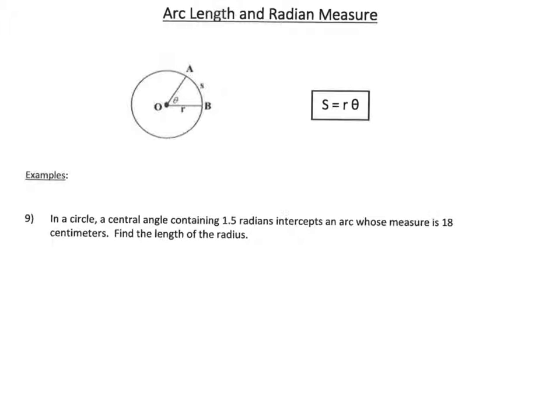Okay, so let me just label what's what in this formula. So S, we could see, is the length of the arc. So S would be the arc length. Okay. R would be the radius.